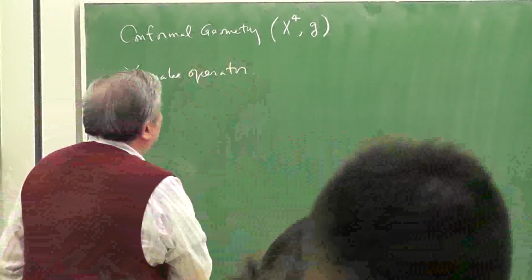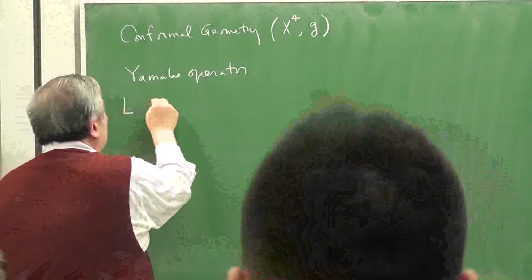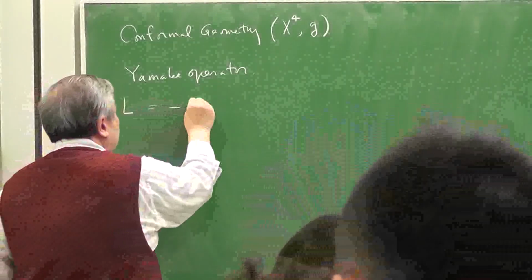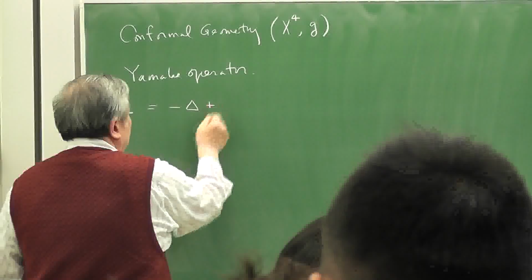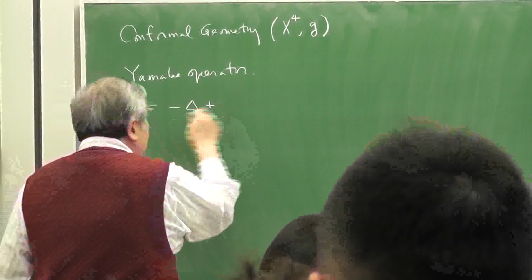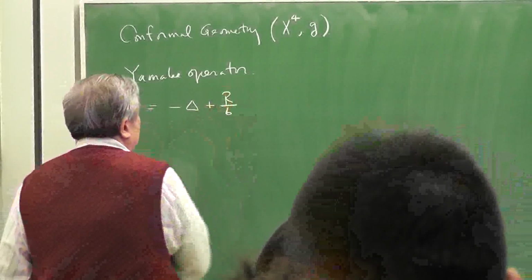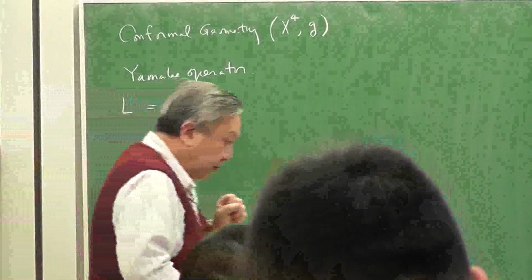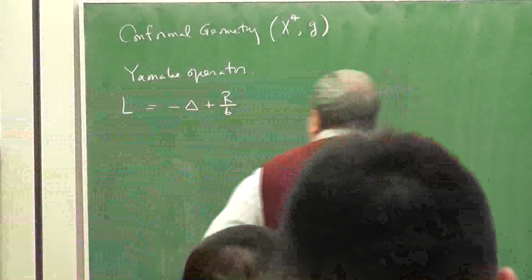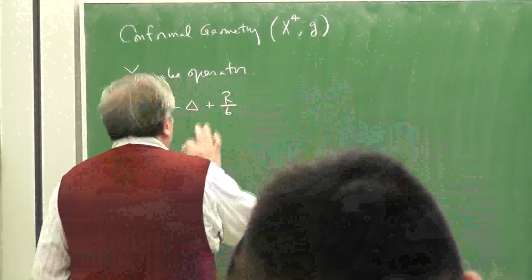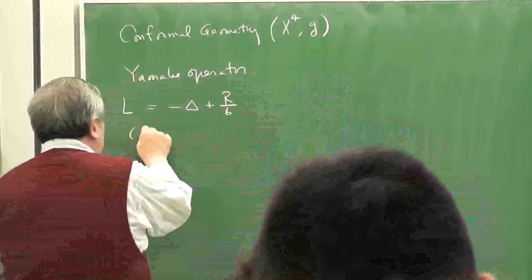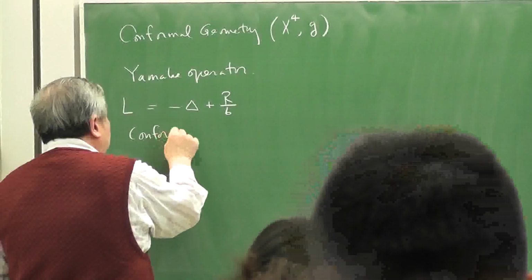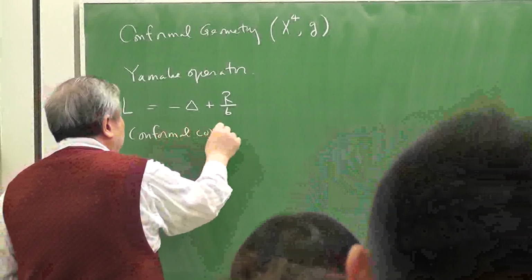So in dimension 4, it looks like this. It's called L. It's minus the Riemannian Laplacian plus scalar curvature over 6. So it's a second order linear operator, and the Yamabe operator has conformal properties, conformal covariance.